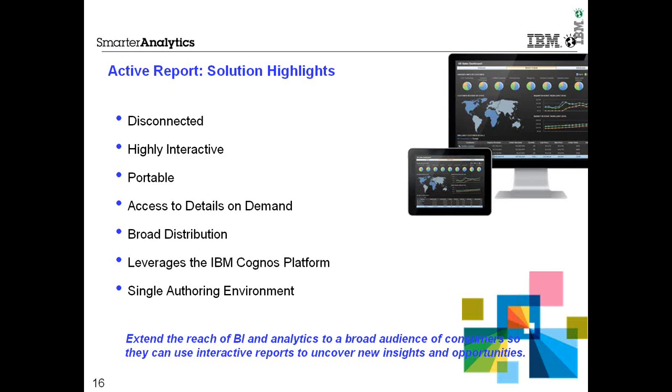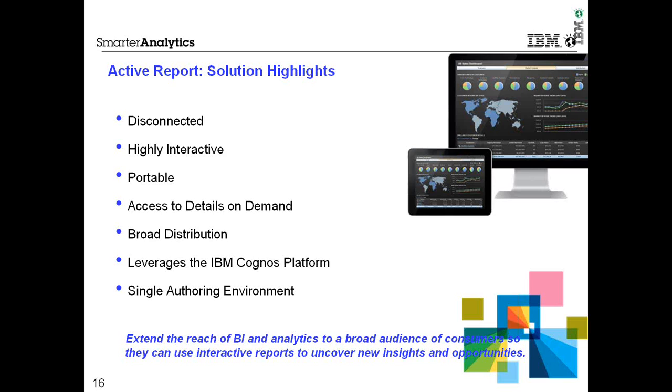You can also do analysis within these active reports, and do a drill down to look at detailed information. You can also have a link on your active report which takes you to connected mode on the IBM Cognos BI server, where you can look at the reports. It allows broad distribution and leverages the IBM Cognos BI platform.